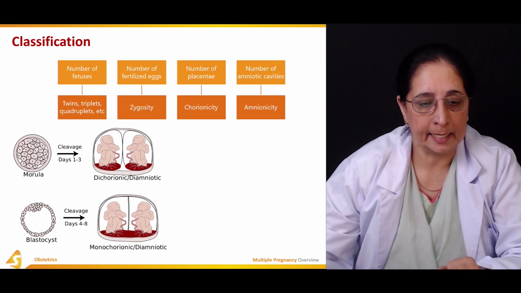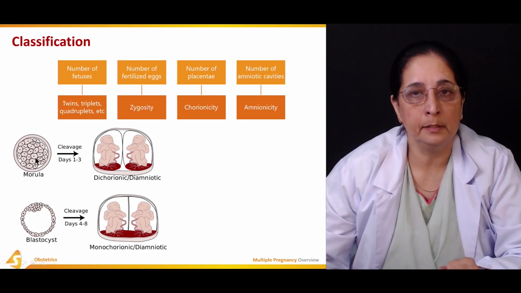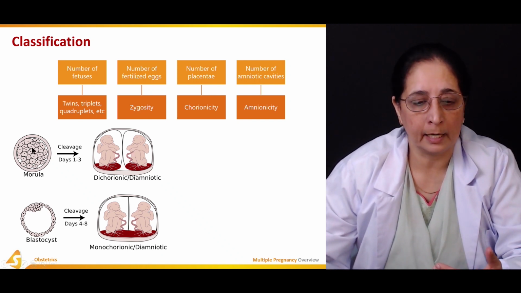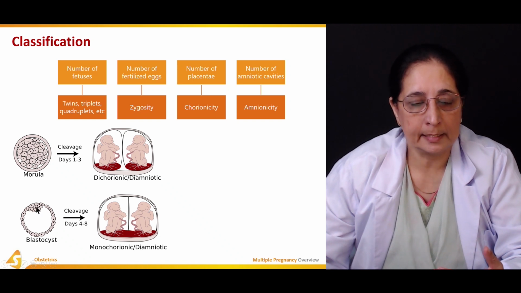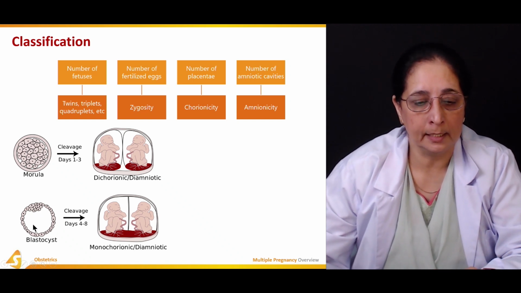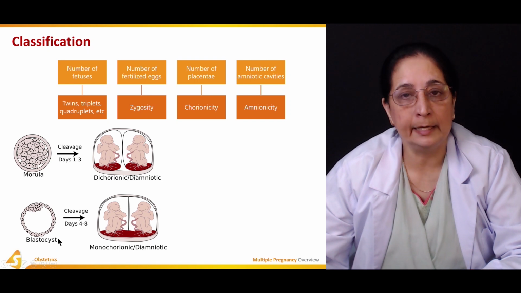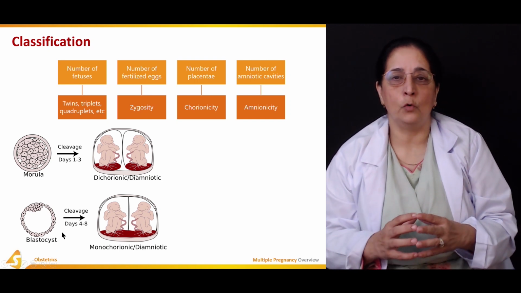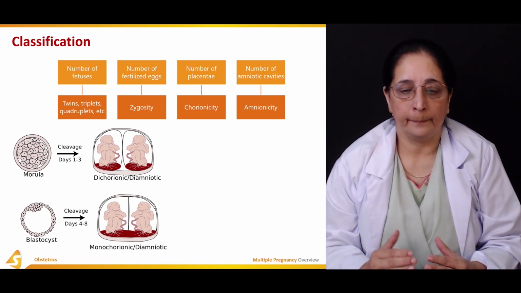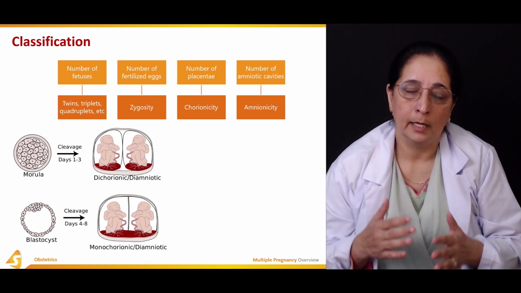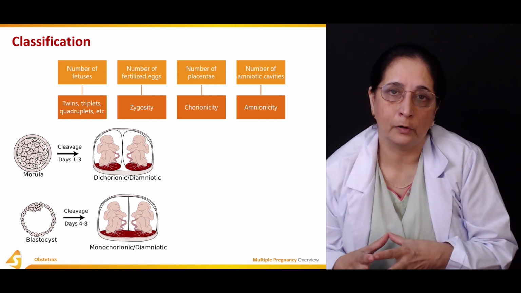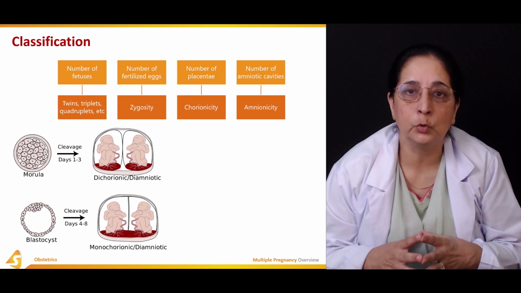Then cleavage after the morula, then we have the blastocyst. A sac is forming inside, and this blastocyst cleavage is at day 4 to 8. From 1 to 3 morula, then we have blastocyst formation, which is day 4 to 8.